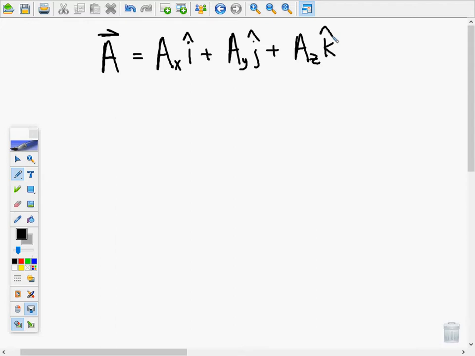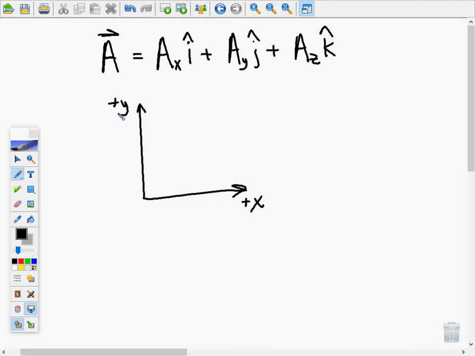Now, we're always going to agree to use a right-handed coordinate system. So if you draw the x-axis and then you draw the y-axis, the positive z-axis will always be found by taking your right hand, putting your fingers in the x direction, curling them towards the positive y, and your thumb would point in the direction of positive z.